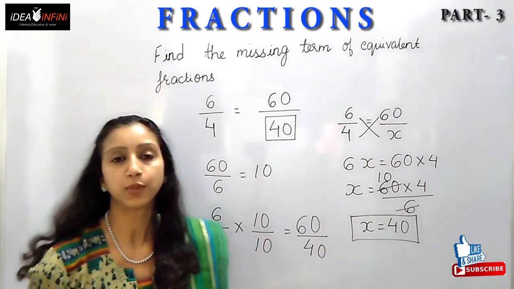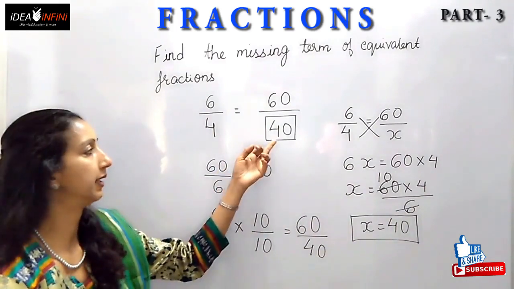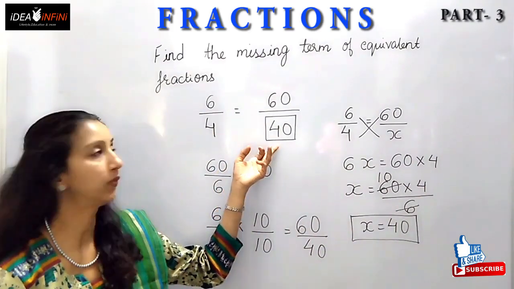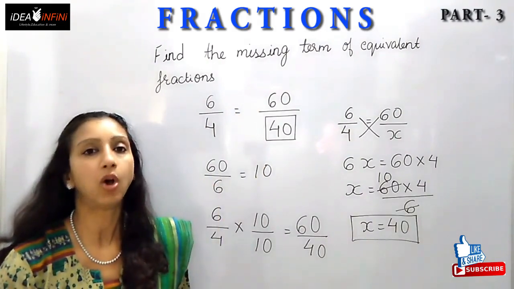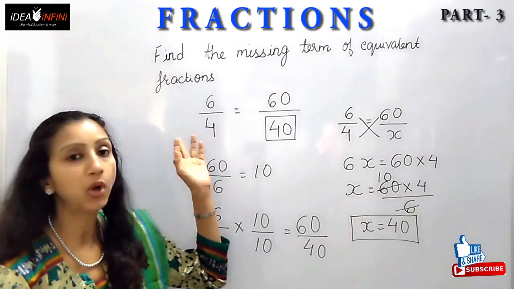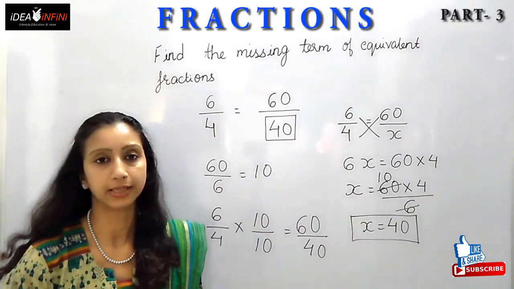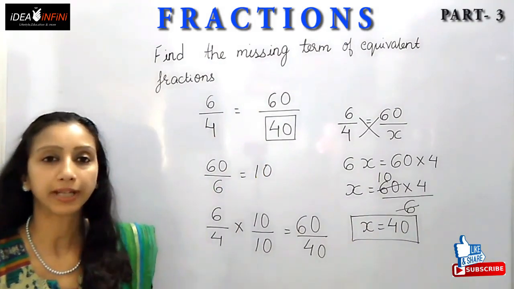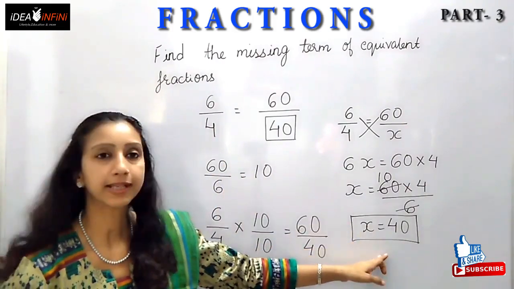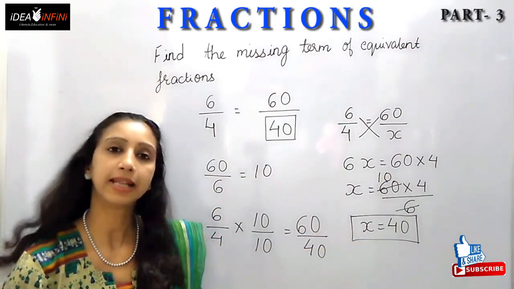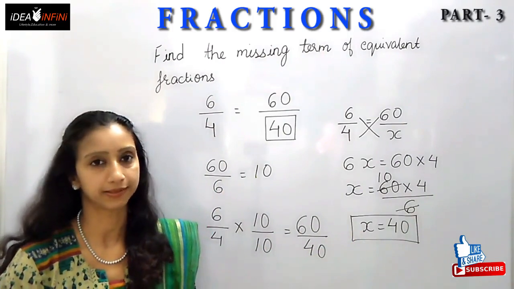This method is more applicable when, suppose instead of this 60, it would have been 30 or some other number which is not a direct multiple of 6, maybe 40. It's not a direct multiple of 6. So in that case, we require this kind of cross multiplication. Let's see an example to understand it better.